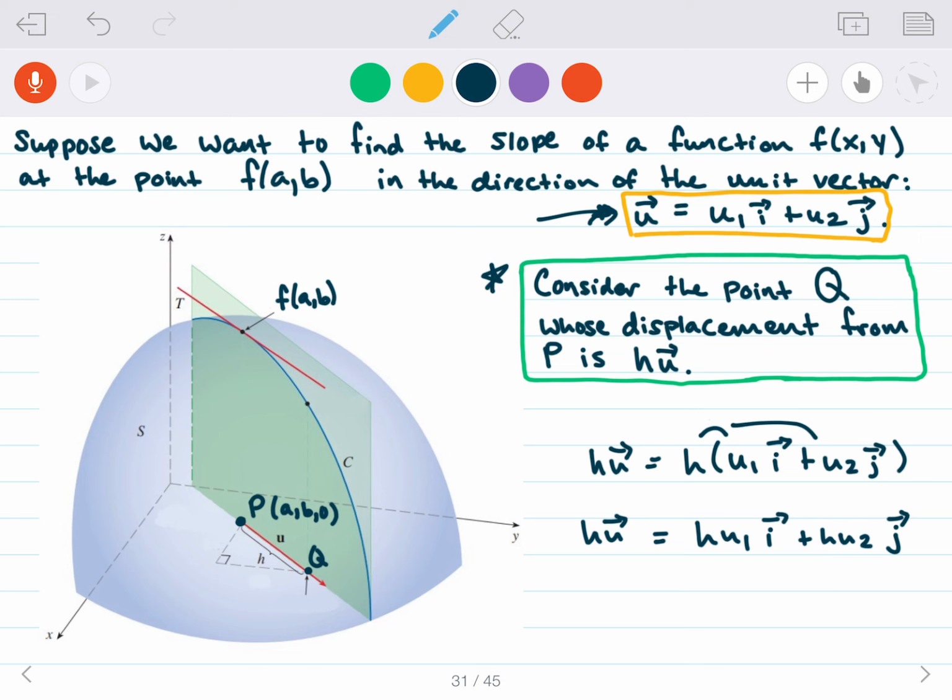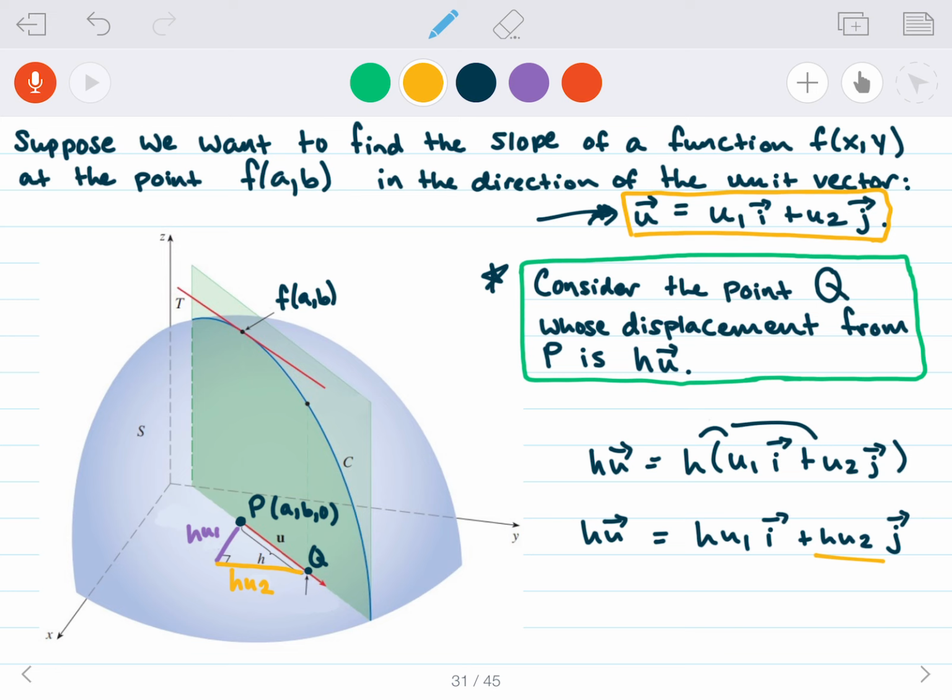So the displacement has an x component h u1, which is this guy right here, in the x direction because we're parallel to the x-axis. And then we have a y component of h u2, which is parallel to the y-axis right here. That is my y displacement, okay?